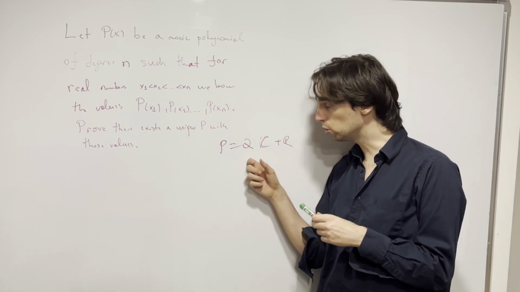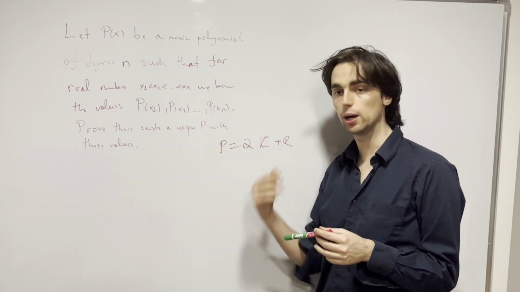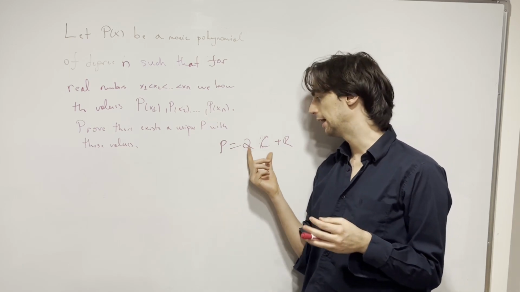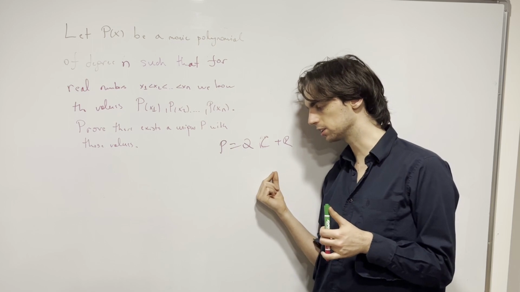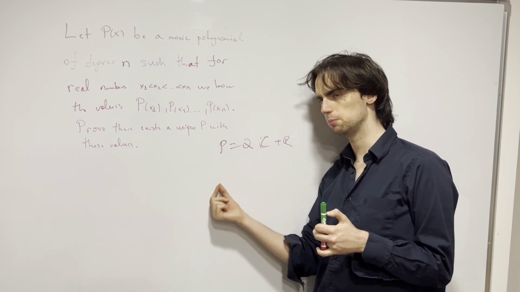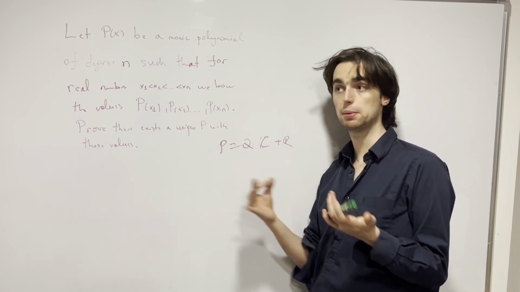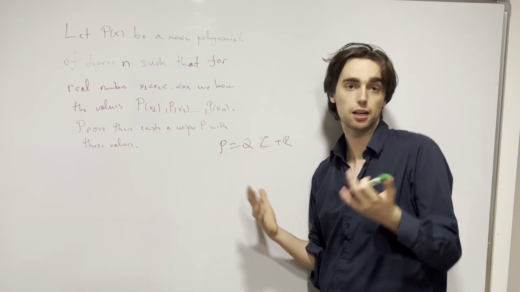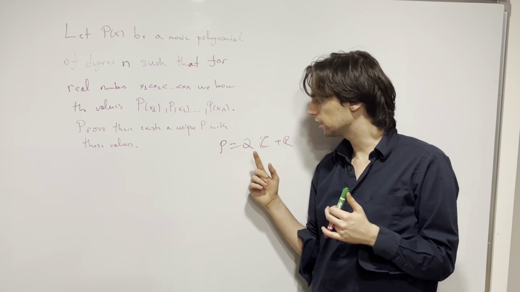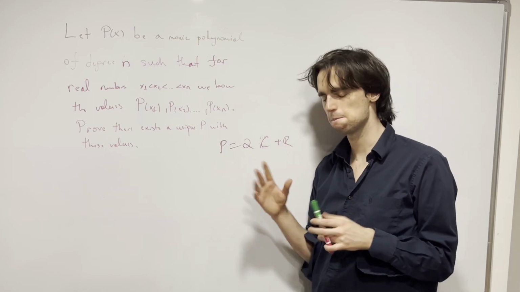Maybe the polynomial q will have x1 through xn as zeros, and then p of x and r of x share the same value many times. Maybe that's something interesting. I couldn't finish it with that. I didn't know how to pick q to have a nice form.